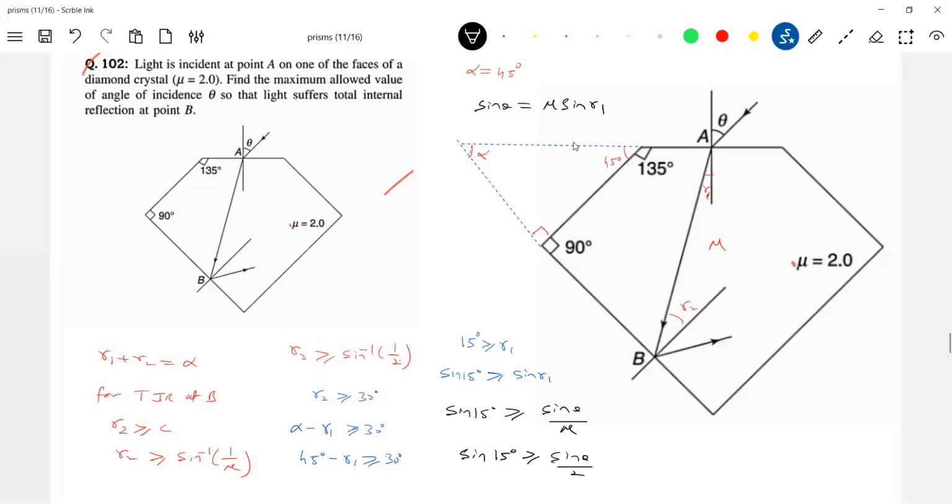Mu is 2, that is given. So therefore theta will be less than or equal to sine inverse of... so minimum, you can write it. Okay, not 15 degrees. So this should be our answer like this.